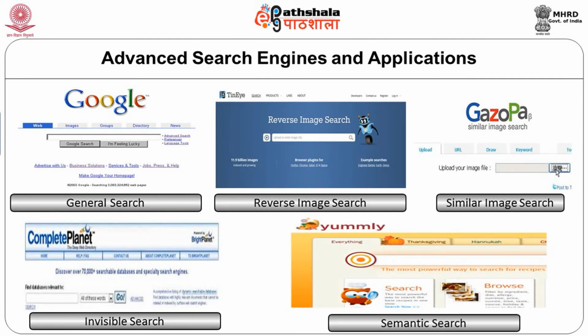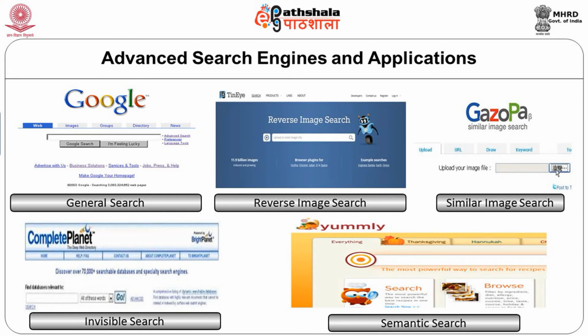So these are deep web, and some are invisible web because these are not visible on the surface of the web. There are search engines which help us to reach such resources also, and these are called invisible web search. One example of this is Complete Planet.